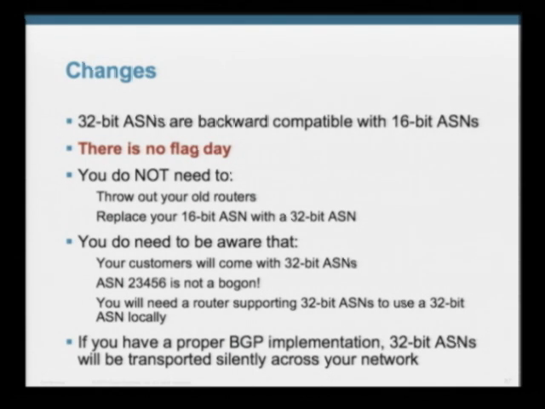And nobody really noticed. Well, if you weren't looking, you didn't know about it. That's the way it's really meant to be. Because BGP, luckily, in the specification, says any unknown attribute should be passed silently across the network. So that's a good thing. It meant that the rollout of 32-bit AS numbers happened without the whole internet having to be upgraded.